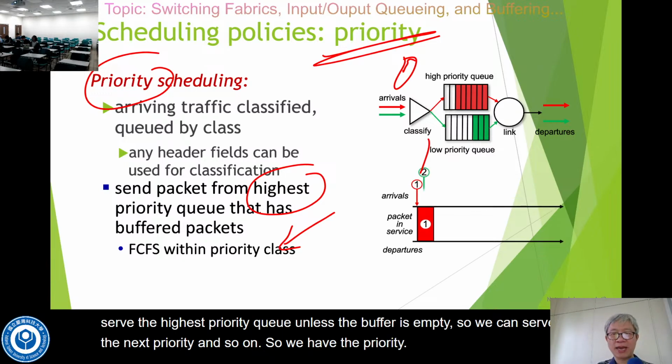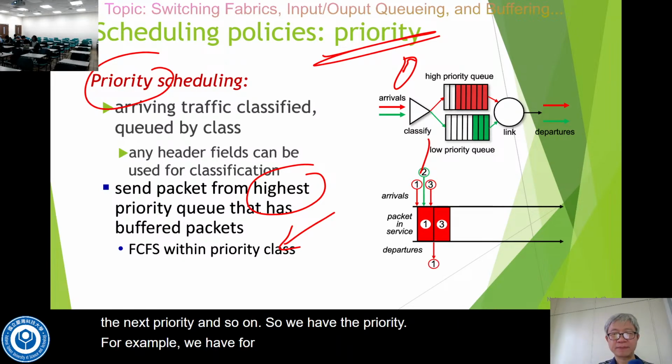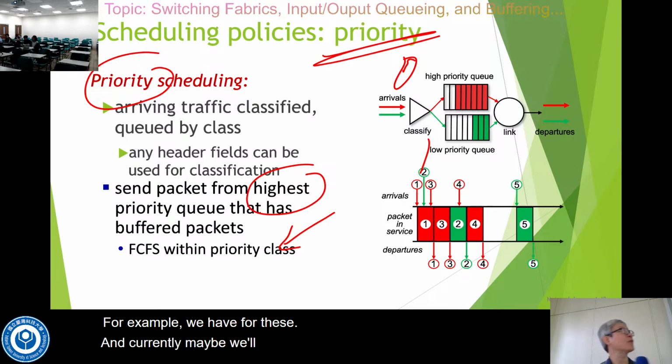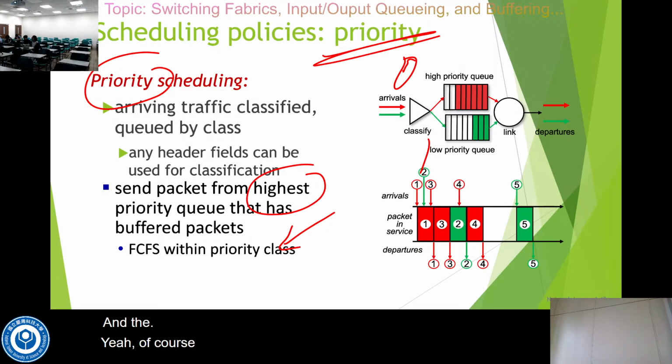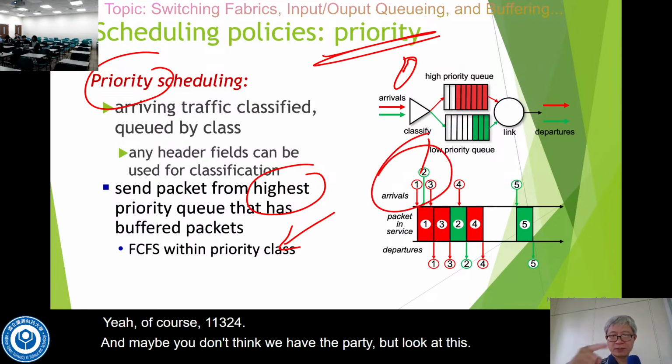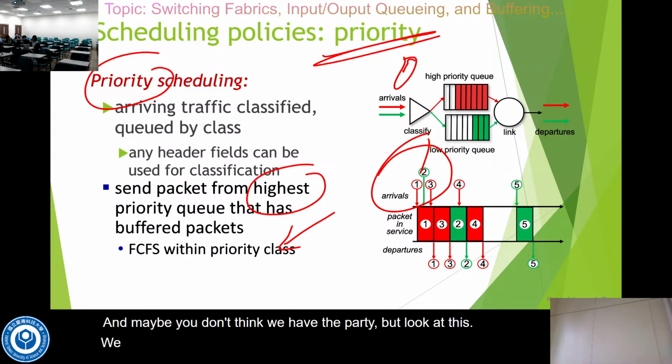For example, we have these. And currently, maybe you follow 1, 2, 3, and 4. And here, of course, it is 1, 3, 2, 4. And maybe you don't think we have the priority. But look at this. We have 1, 3, 2. Currently, we don't follow the numbering.